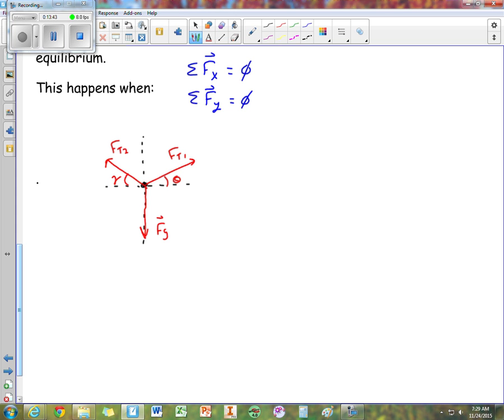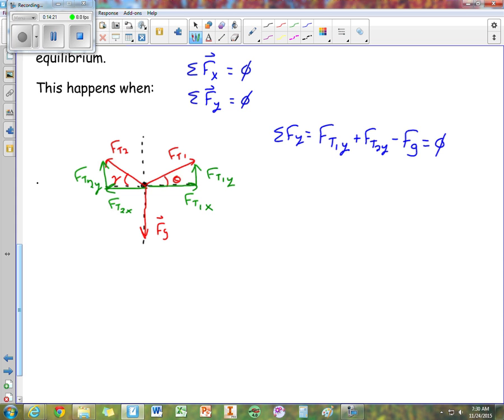all right, so that was our free body diagram. And remember, we were able to resolve this into the x and y components. So, in order for there to be equilibrium, the sum of forces on the y-axis, well, that would be your FT1y plus FT2y minus your gravity would have to equal 0.